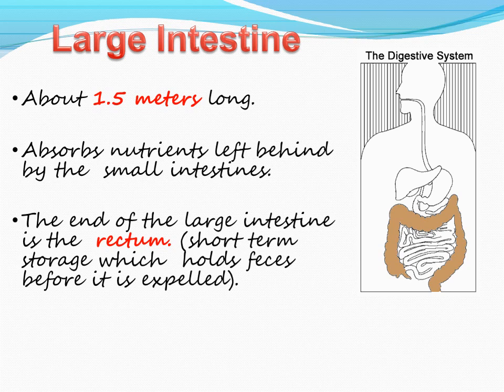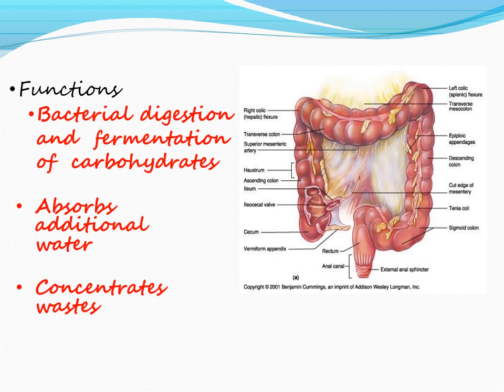The large intestine is about 1.5 meters long. It absorbs the nutrients which are left behind by the small intestine. The end of the large intestine is the rectum. Here are some of the functions of the large intestine.